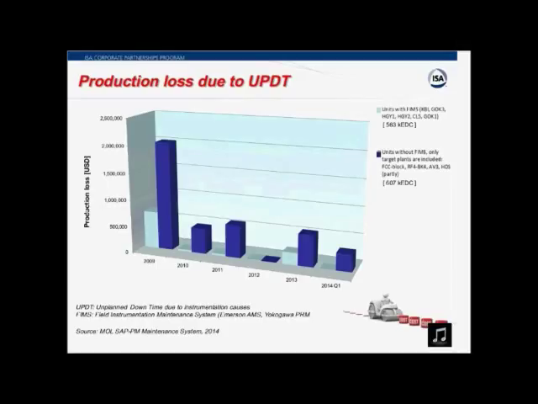MOL has executed many reliability improvement actions since 2008, but we reached the biggest benefits where FIMS were introduced. You can see the difference where we use FIMS. There the production losses due to instrumentation breakdowns are smaller, compared to the units where FIMS was not introduced.